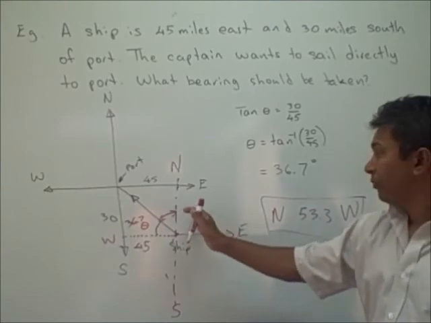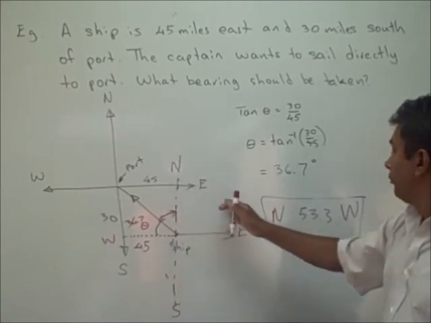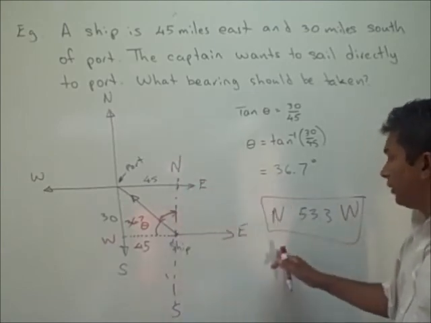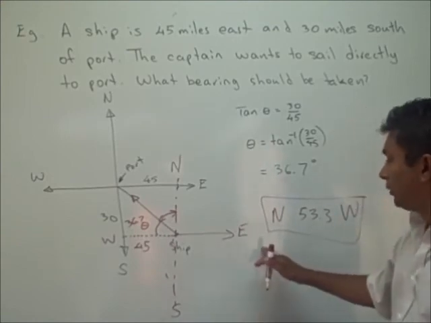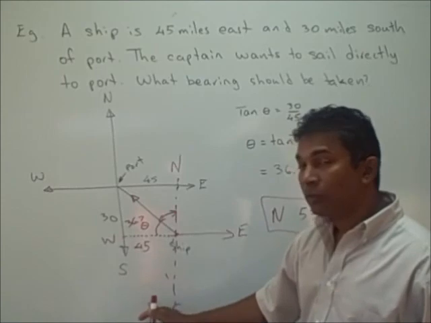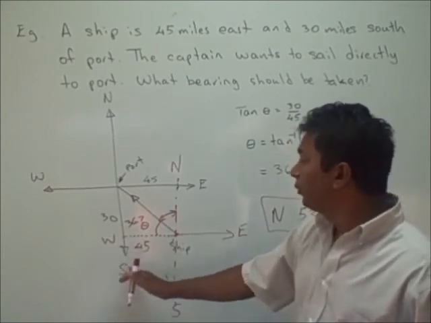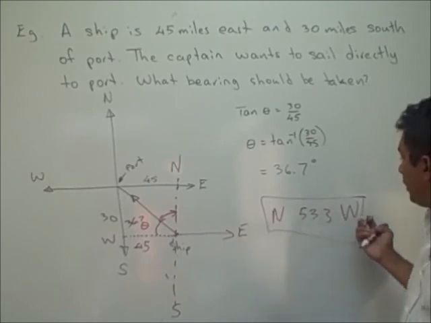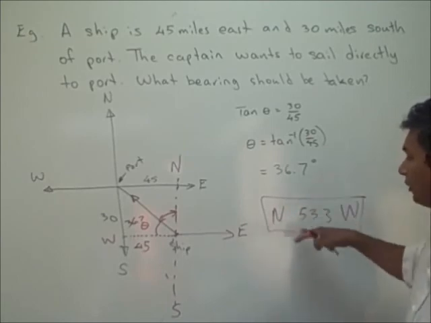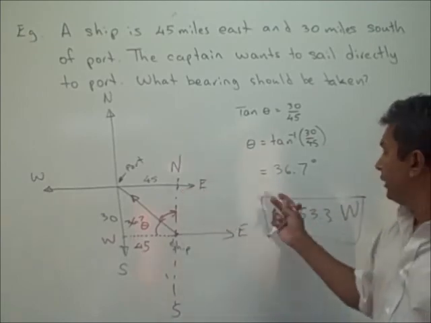If it was in this quadrant, it would be north 53.3 east. If it was in this quadrant, it would be south 53.3 east. And if it was in this quadrant, it would be south 53.3 west. So for ship bearing, it's always north or south, then the degrees from the north or south in between, then east or west.